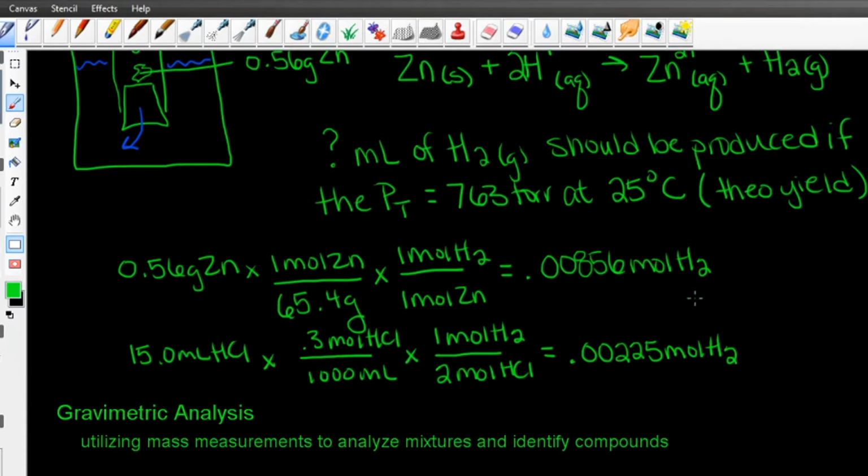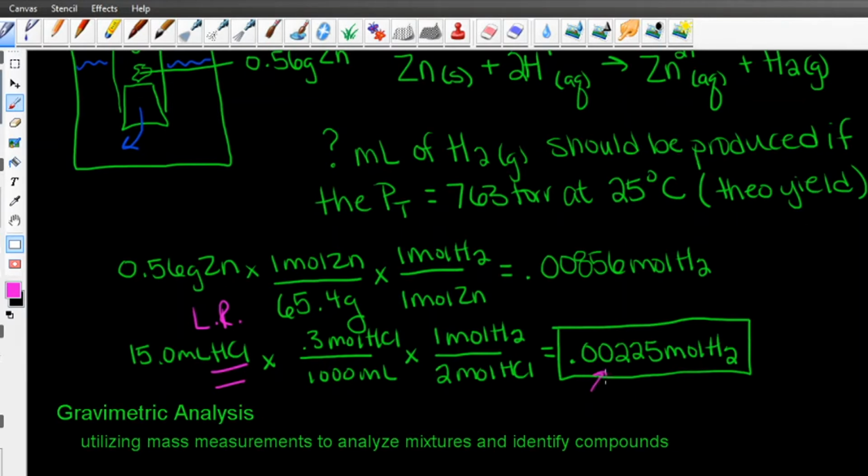I look at these two values, and whichever is smaller is how much H2 I should be able to make. In other words, my HCl is my limiting reactant because it can only produce 0.00225 moles of H2.